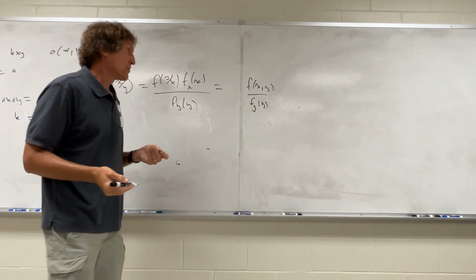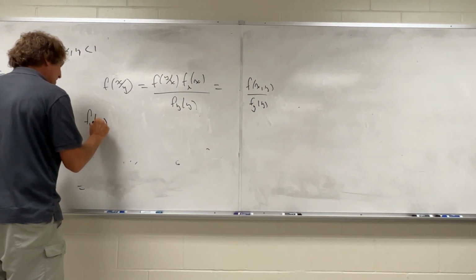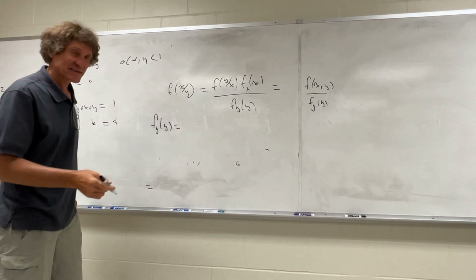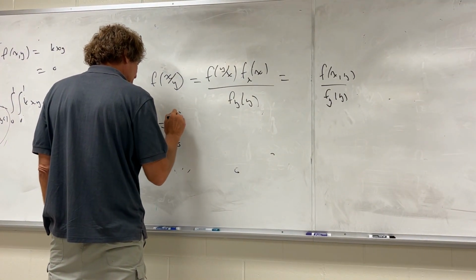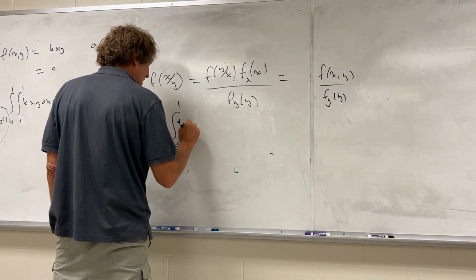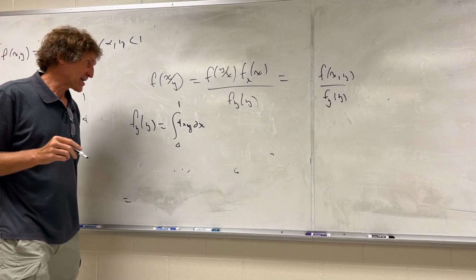Yes. Okay, so I'm going to get f of y. This is a little easier, less complicated mathematics and conditions, but f of y is an integral from 0 to 1 of 4xy dx. Do you agree with that? What's that going to be?